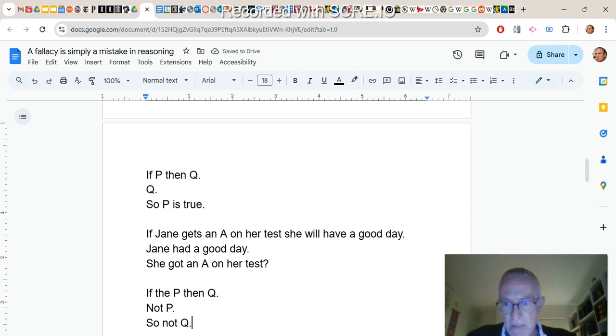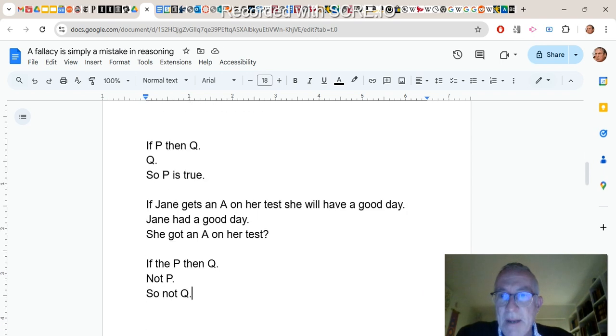To infer not Q from not P is actually a fallacy. If P, then Q tells us that if P is true, Q must be true. It doesn't say that if P isn't true, Q can't be true. So again, it's a fallacy.